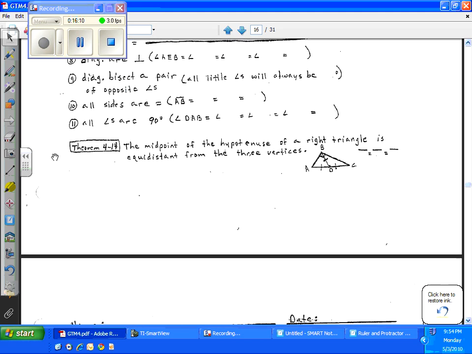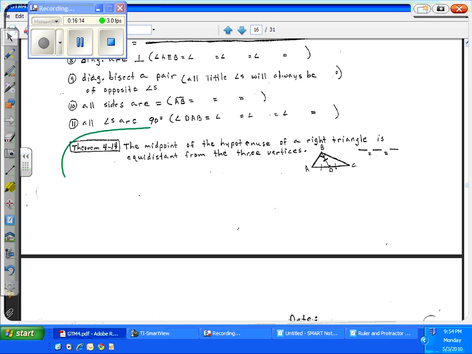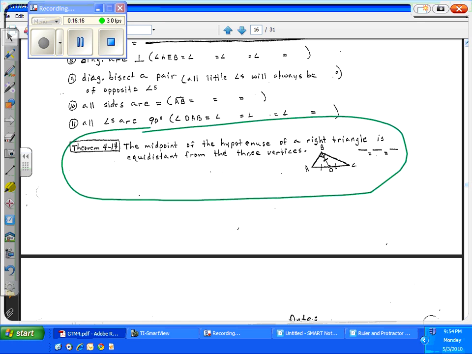And then we've got this little theorem thrown in on top of all of that, which says the midpoint of the hypotenuse of a right triangle. Remember that a right triangle is a triangle with one right angle. The side across from the right angle is called the hypotenuse, and the other two sides are called legs.